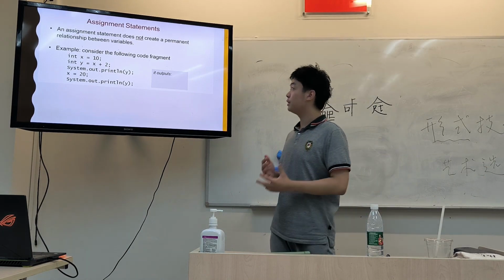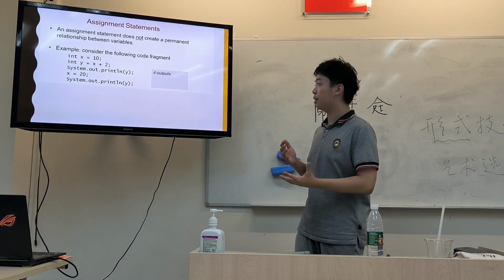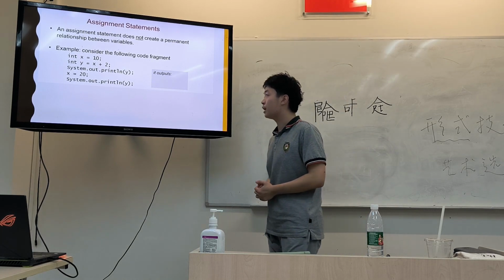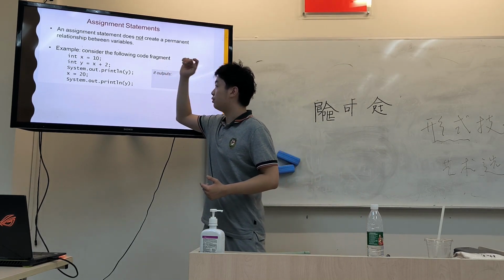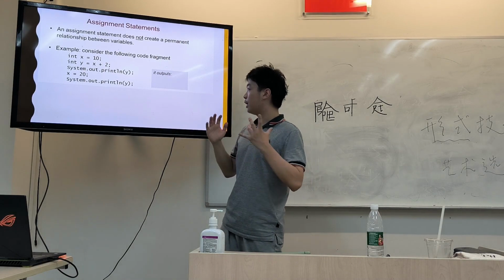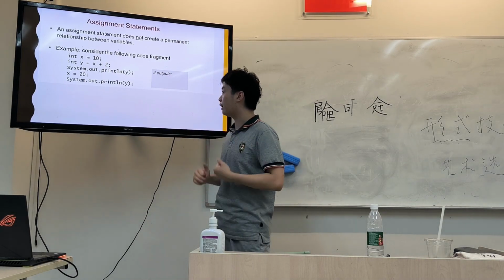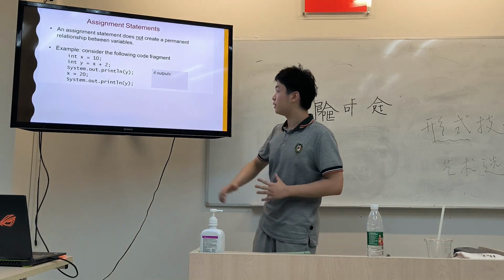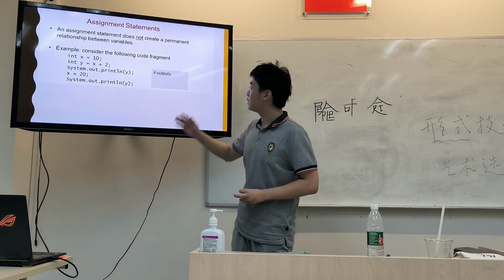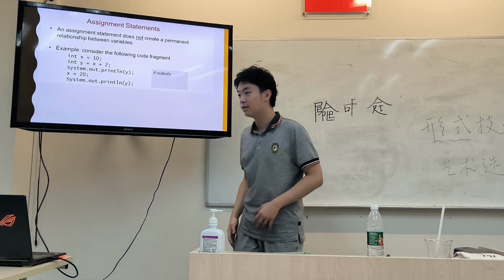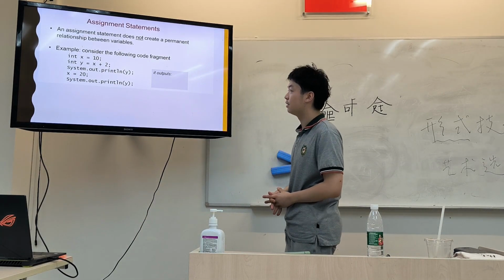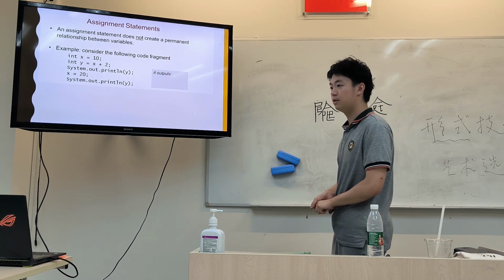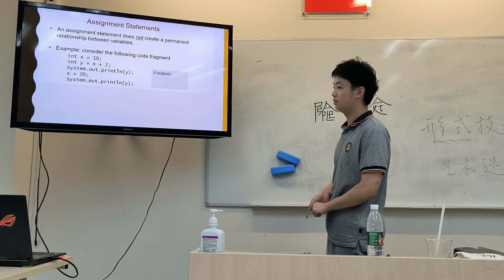An assignment statement does not create a permanent relationship between variables. For example, if you assign the value of x to y, and then you change the value of x, the value of y will not change. You can look at this example. What is the output? The output is false, 12.